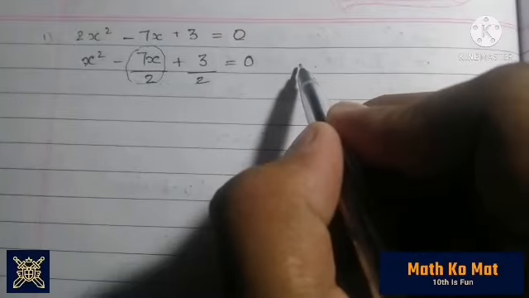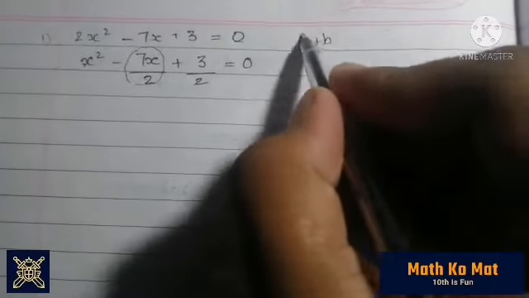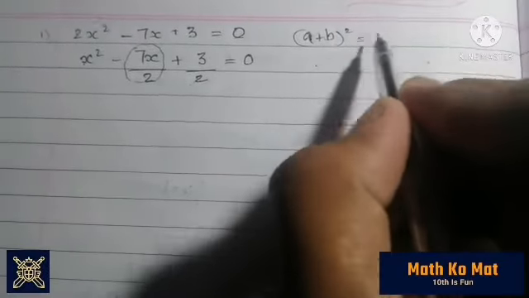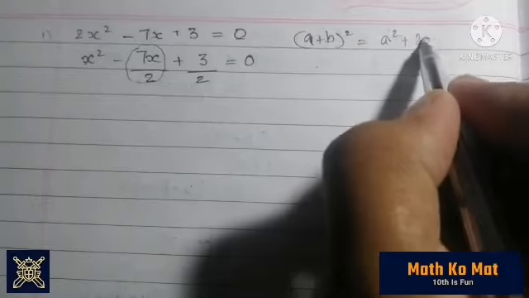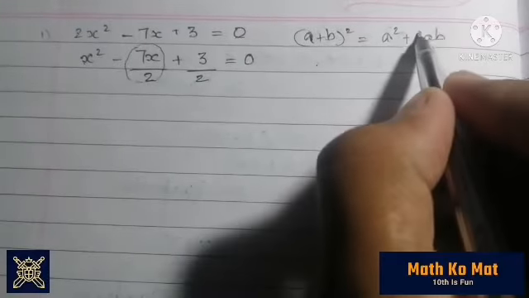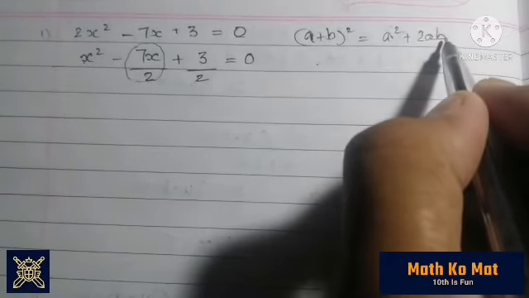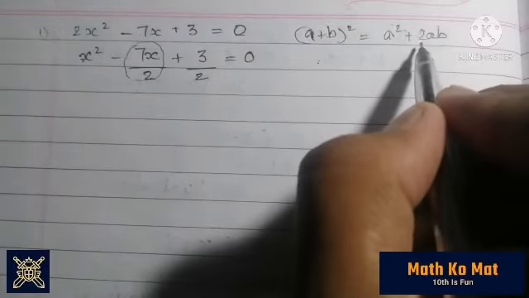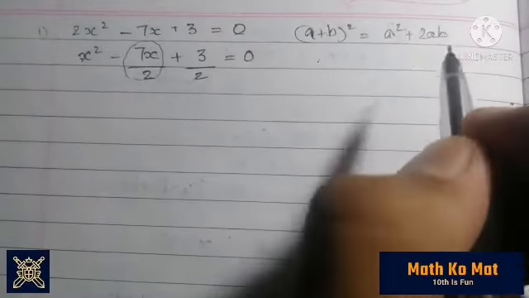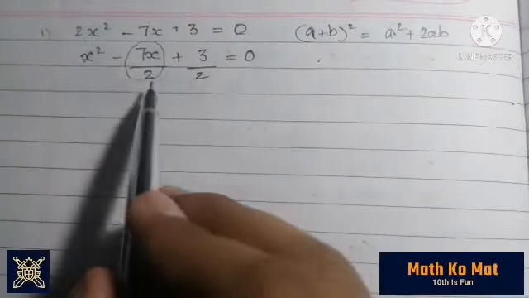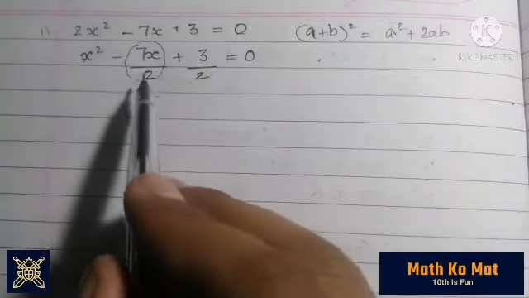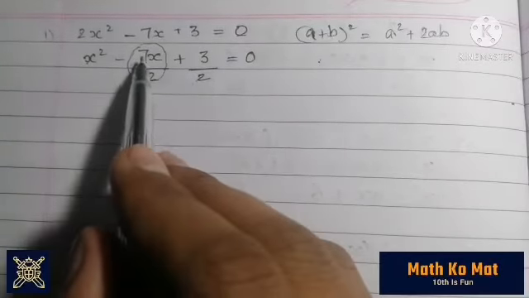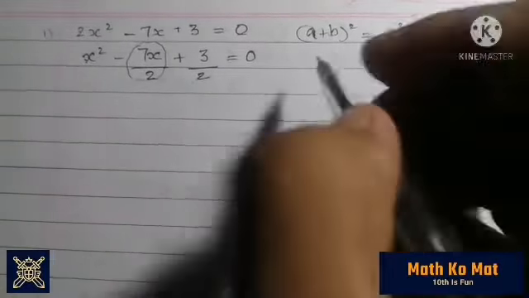In any identity like (a plus b) whole square, you have a square plus 2ab. So you have a multiplicative 2 with the ab. If the denominator has 2, this 2 and 2 get cancelled and you are left with just ab. Hence we are going to add and subtract the square of half the coefficient of x in the middle term.